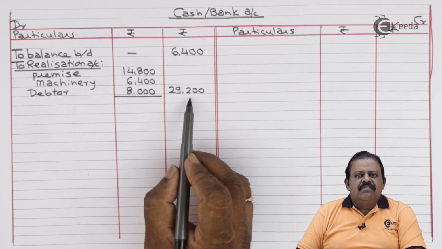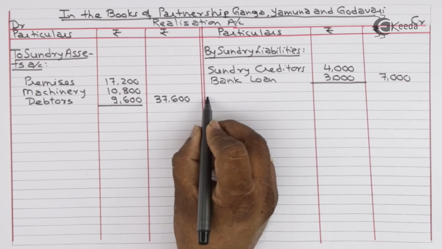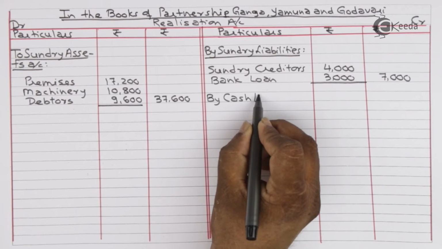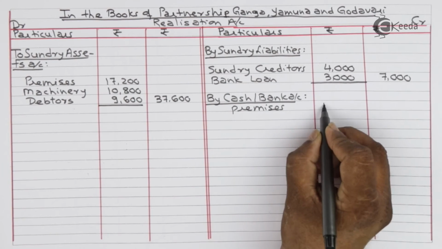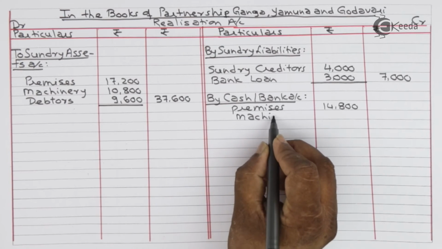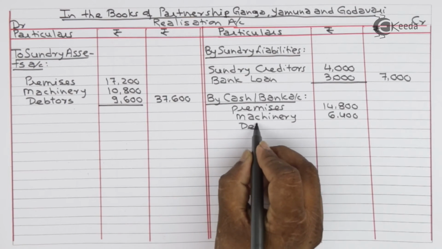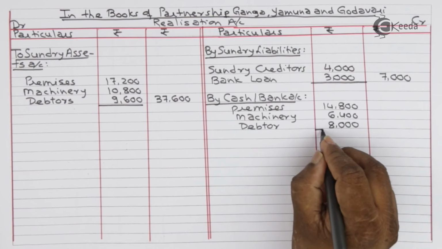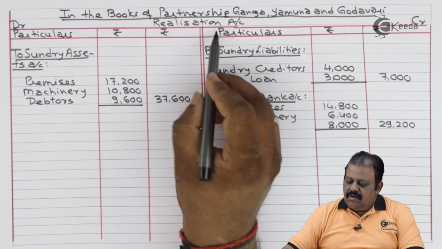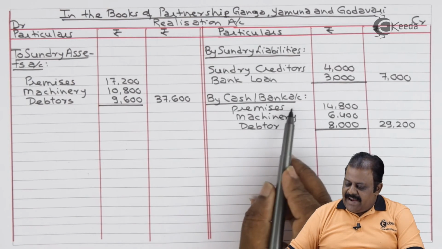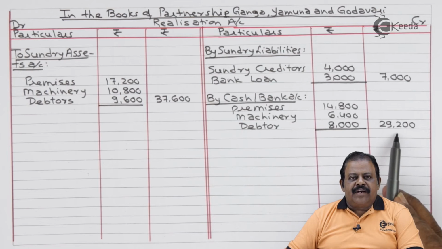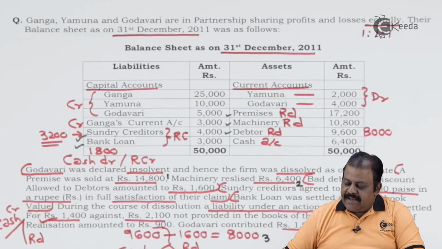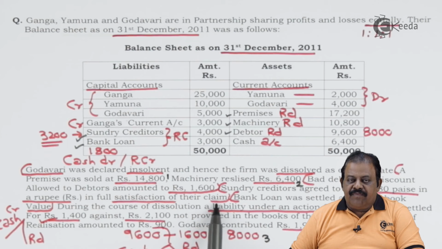This will have second effect, realization account credit side: by cash bank for realization of premises, machinery, debtors, 29,200 total.